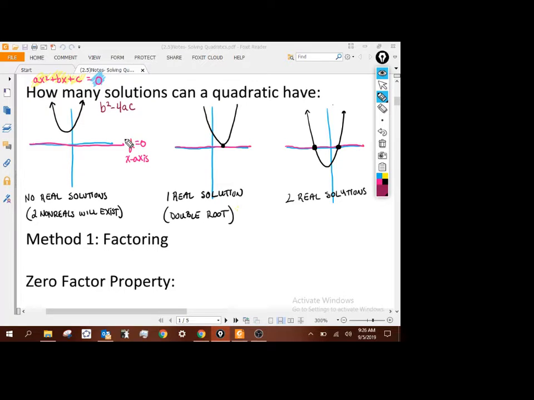It's that portion, the b squared minus 4ac, the thing that goes underneath the root symbol. Anybody remember what that's called? Discriminant. Okay. It is the discriminant.